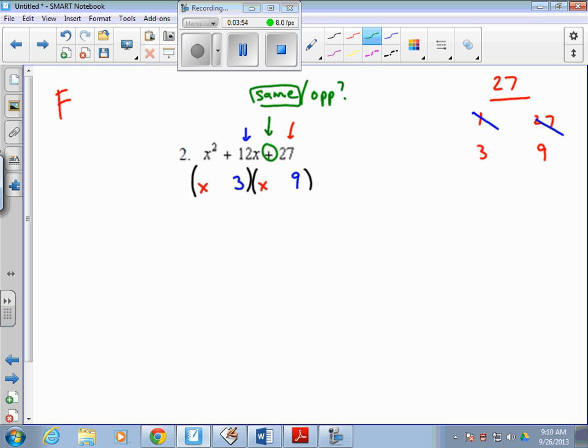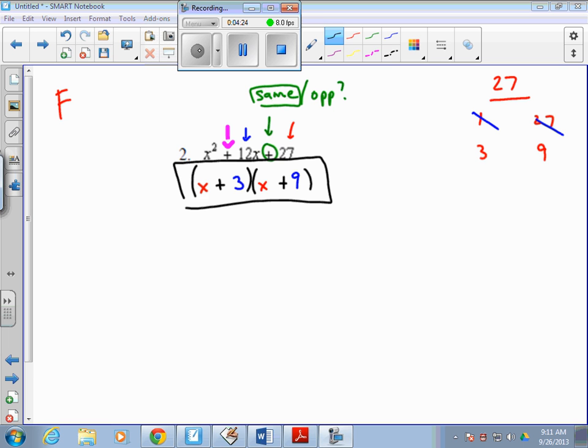So both of the numbers are either negative 3, negative 9, or positive 3, positive 9. And once you know that they're both the same, you look to the other sign, positive. That tells you they're both positive. So we have x plus 3, x plus 9. That is your factored version of x squared plus 12x plus 27.